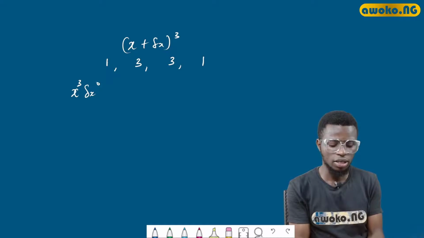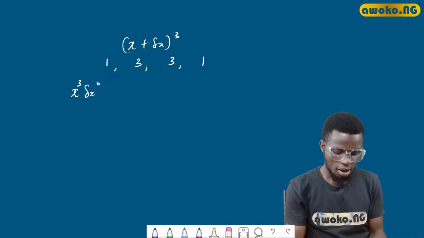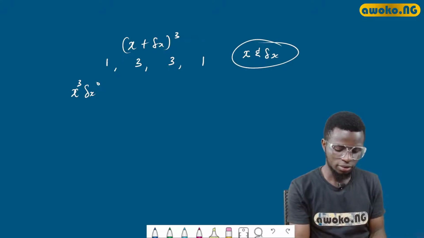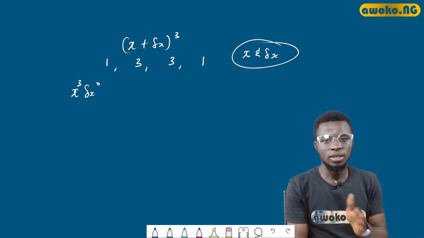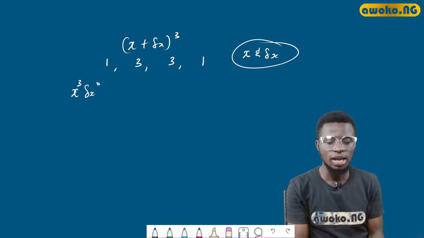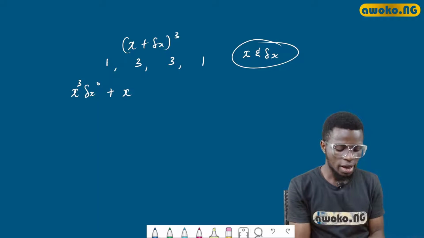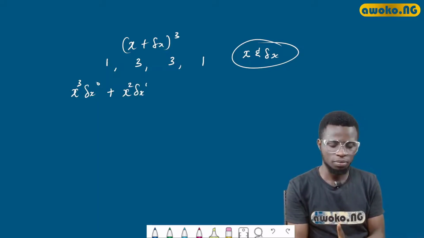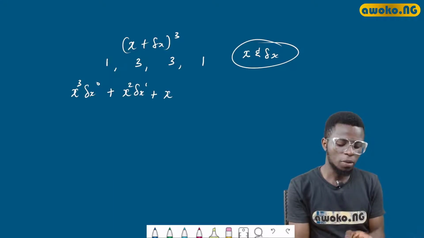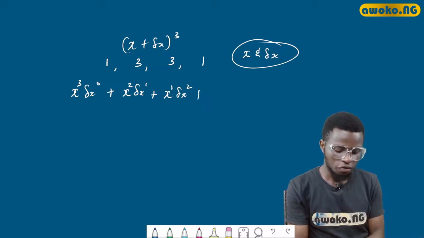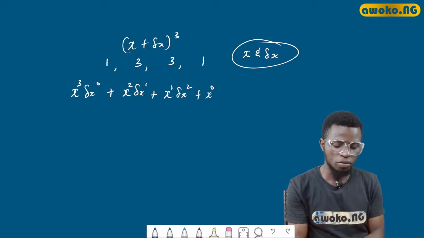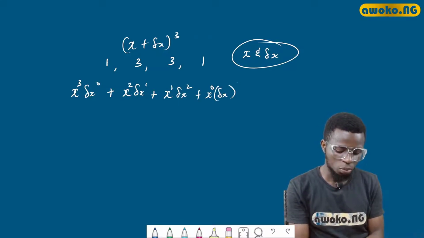Remember, the terms in between these particular expressions are x and δx. So x takes the entire power while δx takes a power of 0, plus x power will reduce by 1 and δx will increase by 1, plus x power will also reduce by 1 and δx power increase by 2. And the final one is x will be raised to the power of 0 and δx will be raised to the power of 3.